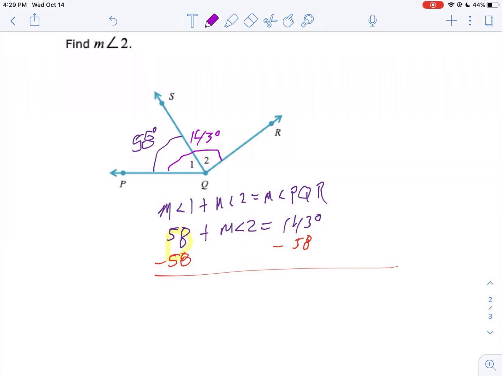Bring down the measure of angle 2. Now let's subtract. 13 minus 8 is 5. 13 minus 5 is 8. So you get 85 degrees. And that's what I was looking for. This is the kind of work I want to see, especially this last part here. Let's take a look at another one.